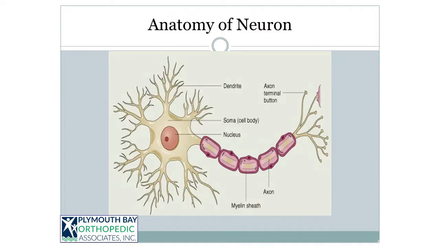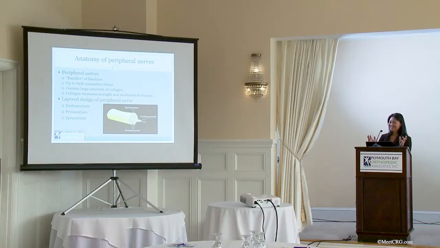This is a neuron. So a neuron consists of a cell body and projections from that. There's going to be the dendrites as well as the axon. The axon is what's responsible for sending nerve signals and also responsible for supplying the nutrition to the nerve itself. So a bundle of neurons then forms a fascicle. Bundles of fascicles are then joined together, and that's what creates the peripheral nerve.